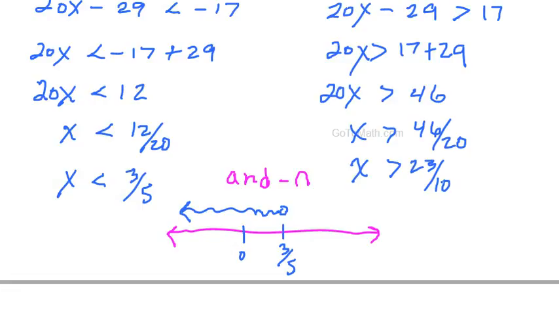Now 23 over 10 is going to be a little larger. We'll put that over here. So x is greater than 23 over 10, everything going off in that direction.